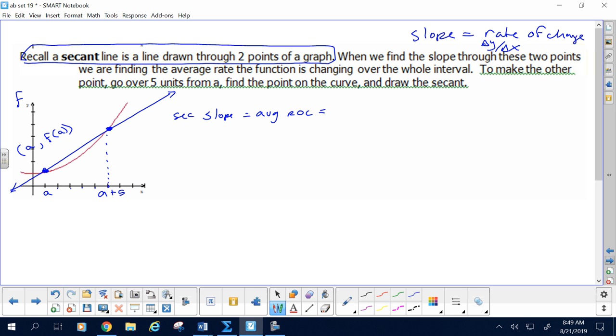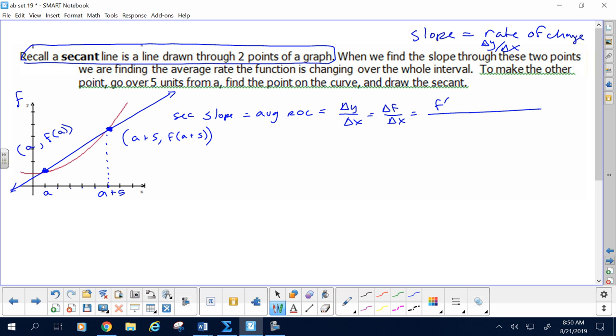Okay? What about this point? What's the x? A plus 5, and the y value is f at a plus 5, whatever the function does to your input value. I don't know what it does. All right? Now, if I did the average rate of change, then it's change in y over change in x, or if you like, change in the f values over change in x. So what's the change in y?